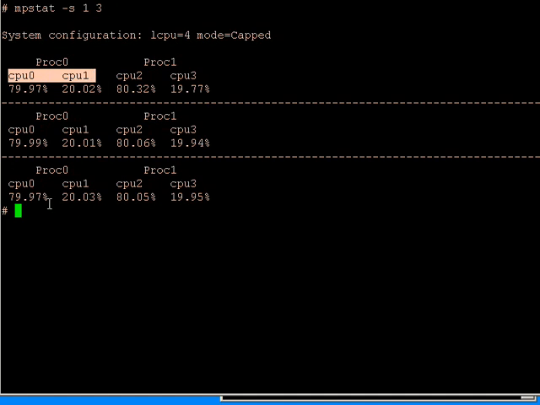So we can see in this case the first one is doing a lot of work and the second one doing some work. Another thing to note is that the 2 logical CPUs will always appear in the same logical partition. The physical CPU is allocated to a logical partition when we've got shared CPUs, and so both of the logical CPUs always appear together in the same logical partition.